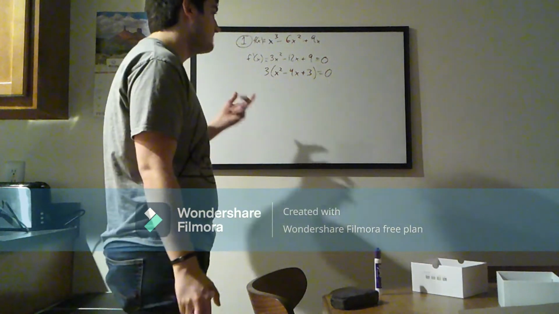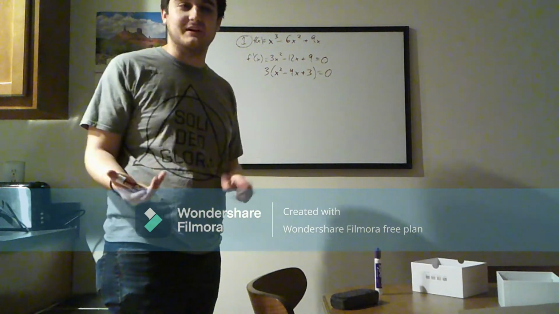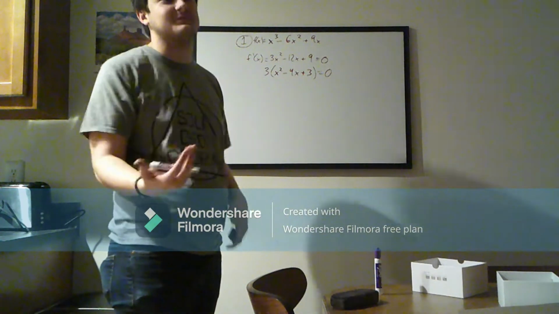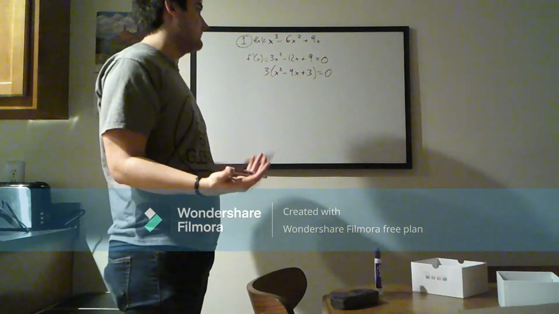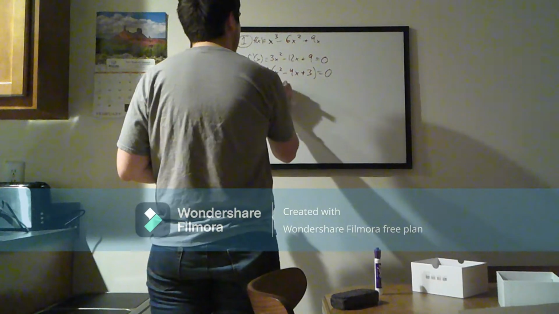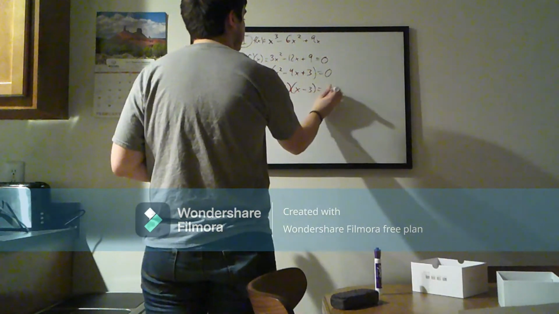The only numbers that multiply to give me 3 are 1 and 3, and we definitely don't want positive 1 and positive 3, because that would give me positive 4. So instead, we're going to want minus 1 and minus 3.